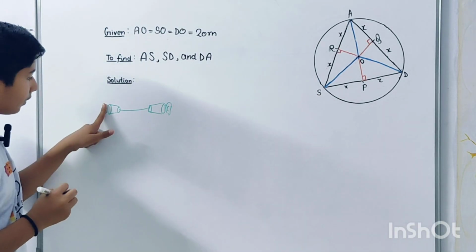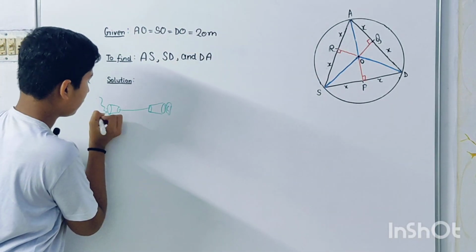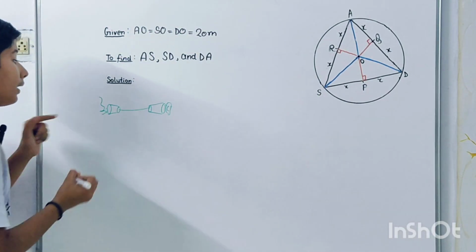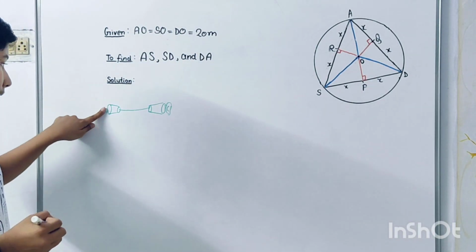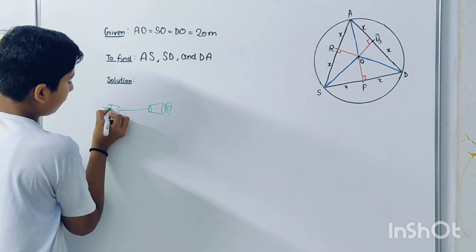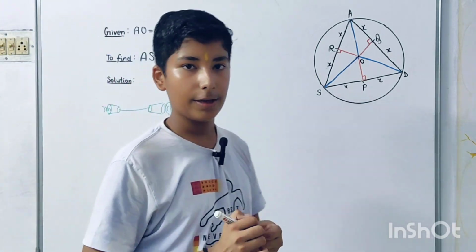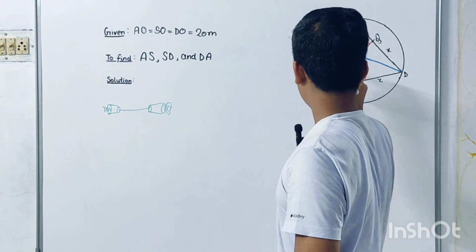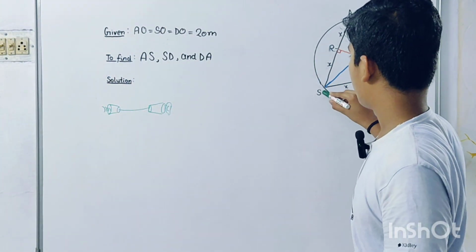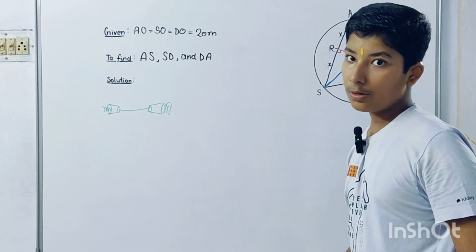Yes, here is the mouth of the person who is speaking. Instead of this we can make this noise symbol, and here is the ear of a person who is listening. So Ankur is speaking to Syed, Syed speaking to David, and David speaking to Ankur.